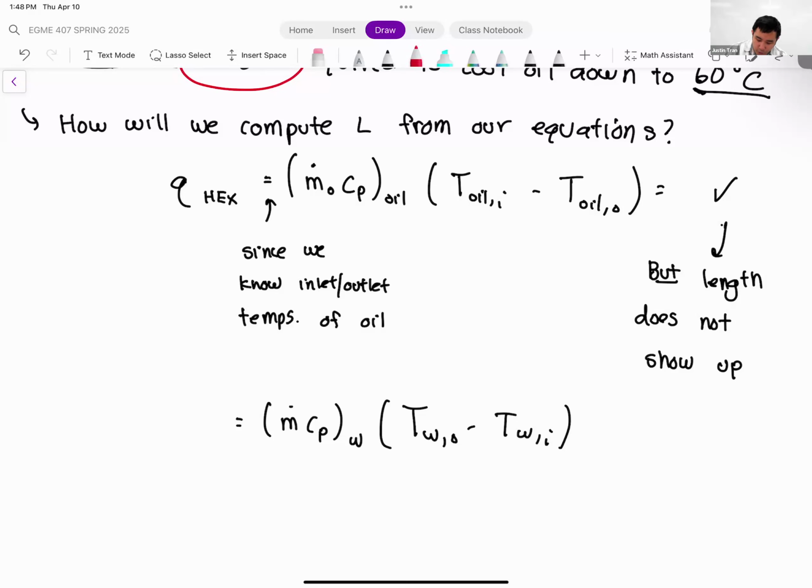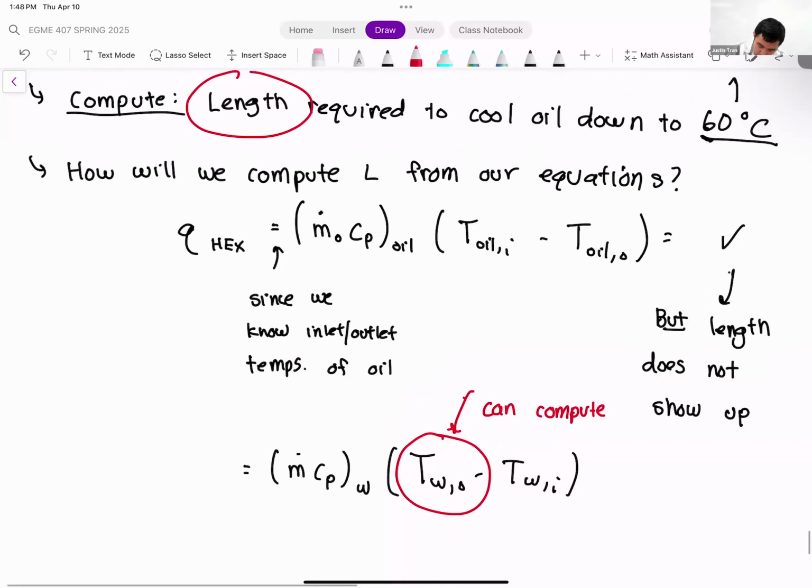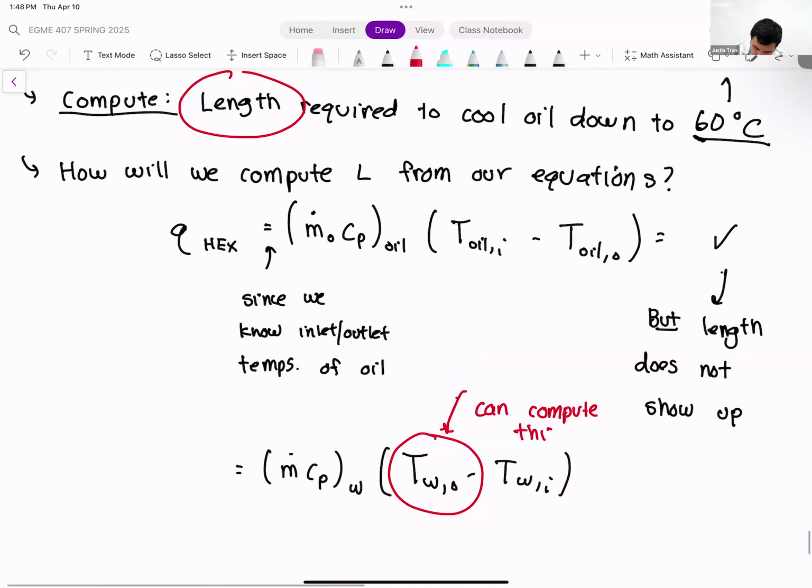So we can use this to compute this. Great. So now we have a way to compute the outlet temperature of the water, but still, we don't have any length here. But at least we're making progress. At least we're writing down what we know and computing things about this system.